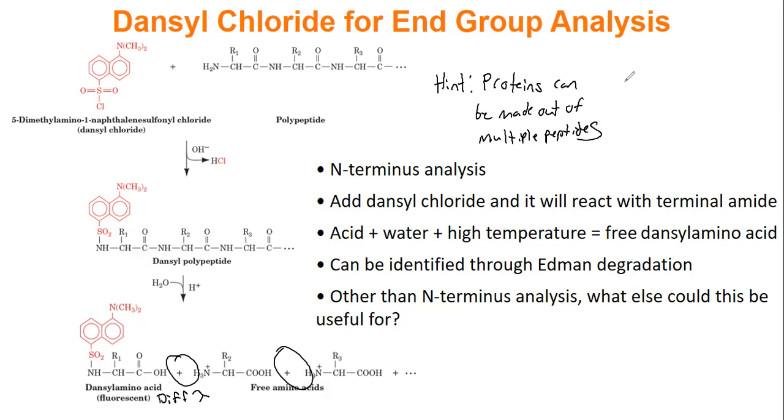Modify other amino acids. So dansyl chloride could modify arginine. Unfortunately, at the end of it, you're going to chop it up. So good idea. Unfortunately, it won't be used for that.